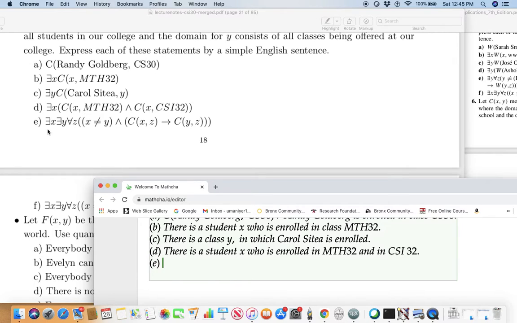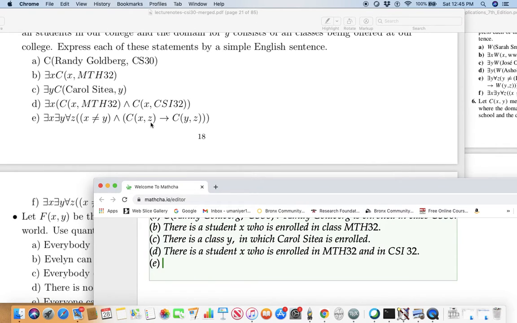There exists X, there exists Y such that for all Z, X is not equal to Y, and C(X, Z) implies C(Y, Z). What does that mean?